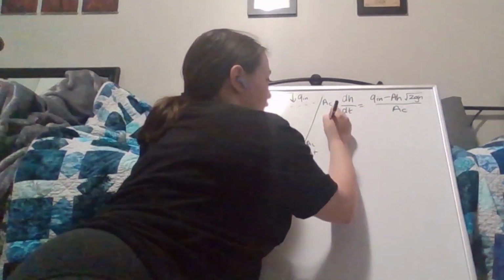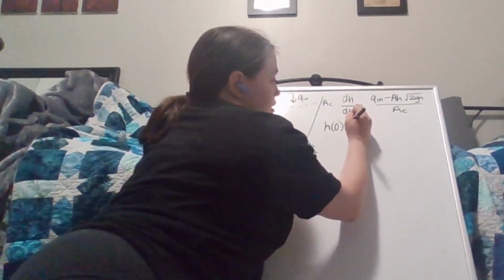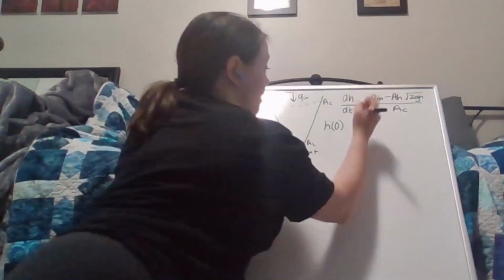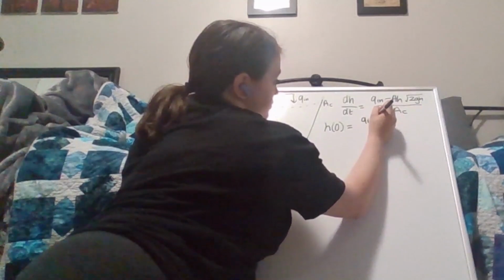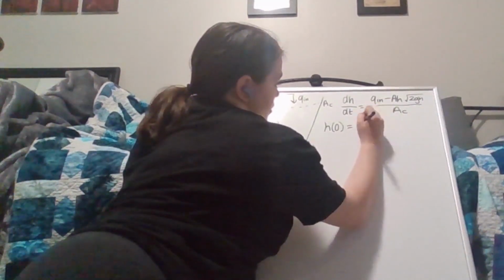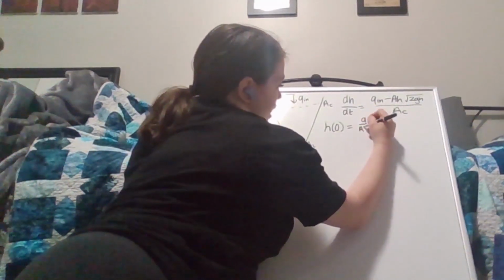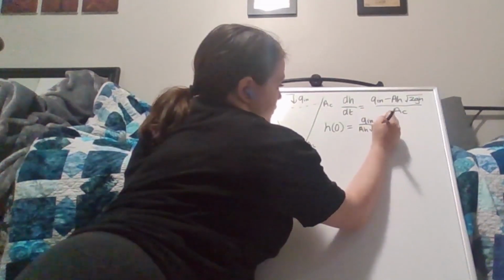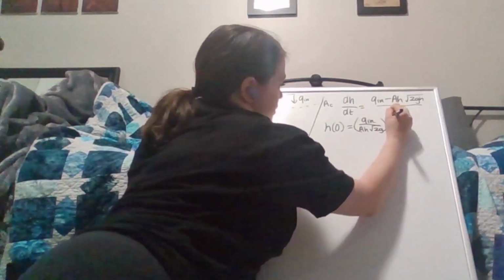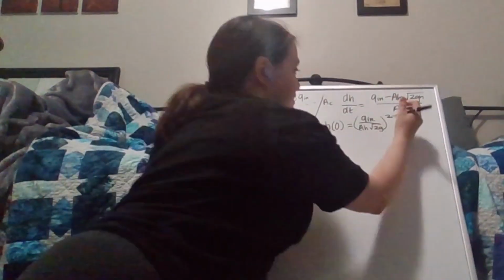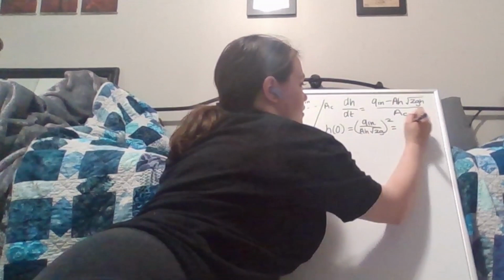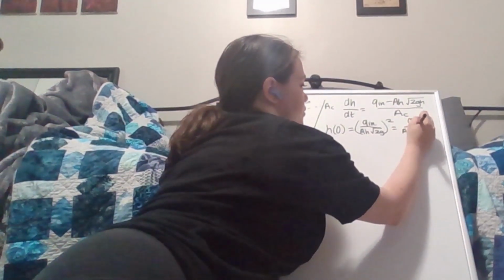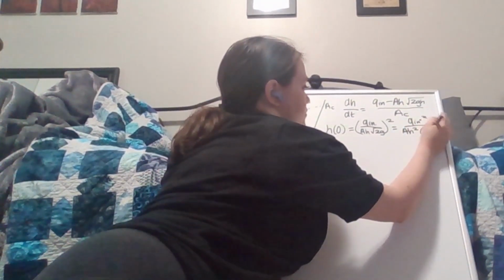So we look at H naught, or H when time is equal to 0, is equal to the initial flow rate in over AH square root of 2g. Everything is squared, which ends up being Qin naught squared over AH squared times 2g, because it cancels out the radical.